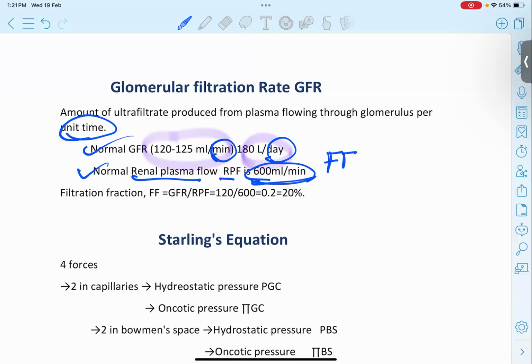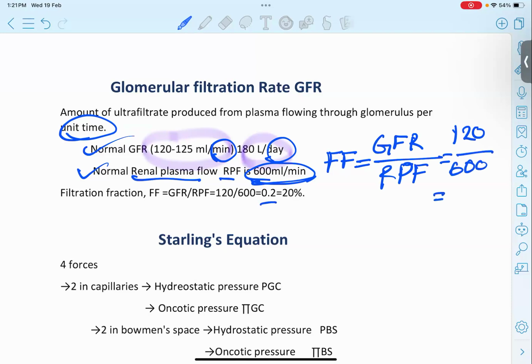Filtration fraction, FF, equals GFR by RPF. Our GFR was 120 and RPF was 600, so filtration fraction will be 0.2 or 20%. What does this mean?